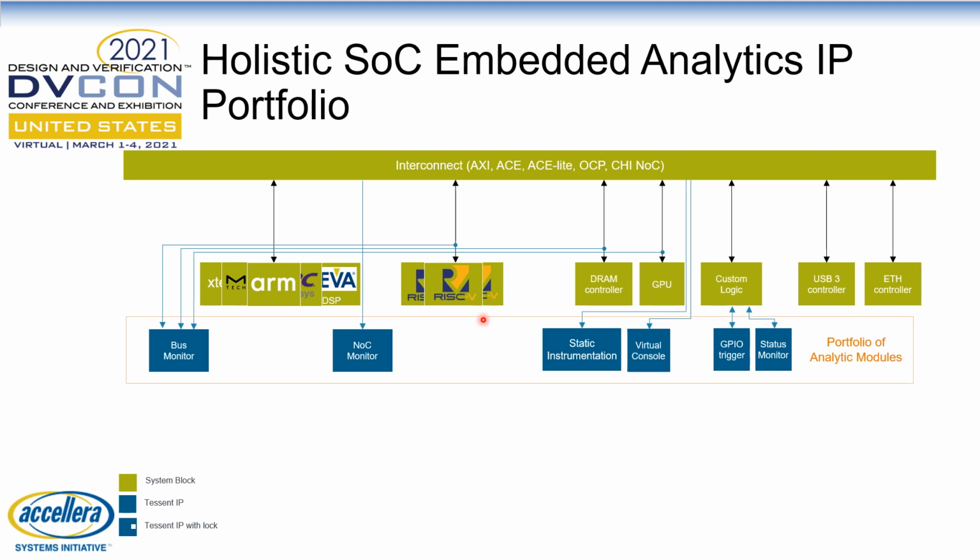The first part includes our analytic modules. Some of the analytic modules are completely non-intrusive, whereby, for example, if we look at the bus monitor, they strictly observe an interface, and the bus monitor in particular is protocol aware, transaction aware, and is able to track transactions, trace them, measure, count, based on transaction criteria that you define when the system is running based on the use case of interest.